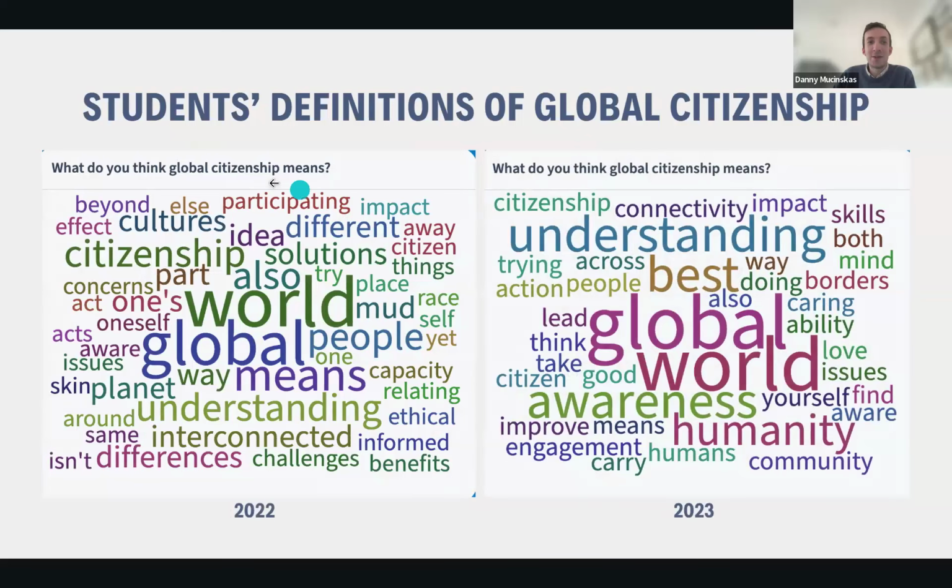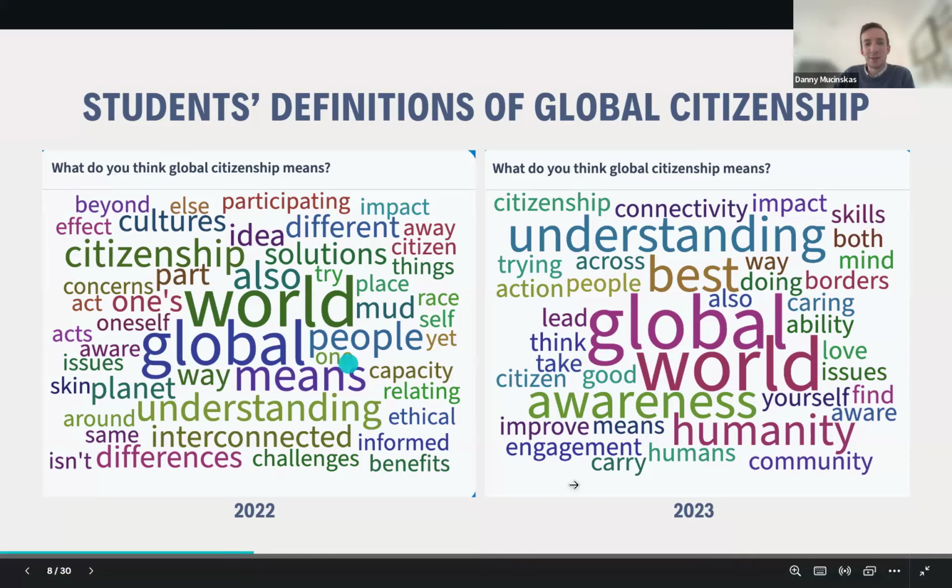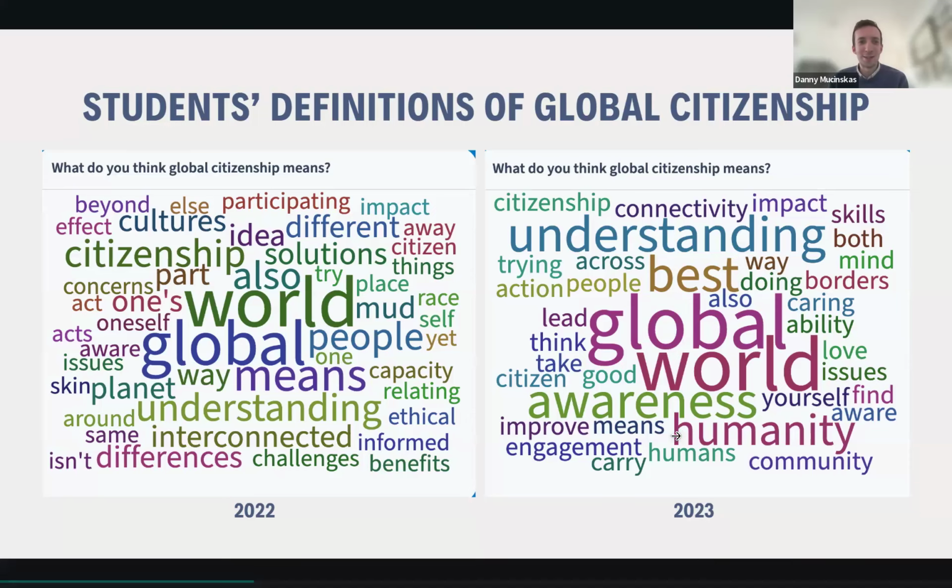These are some student definitions of global citizenship from research that the Good Project has done with a group called the Global Citizenship Initiative. That is a group that brings together around 30 high school students from around the world each year to think about doing a local, or they call it a glocal, both global and local, service project. And these are some of the words that bubbled to the surface for these young people when they hear global citizenship.